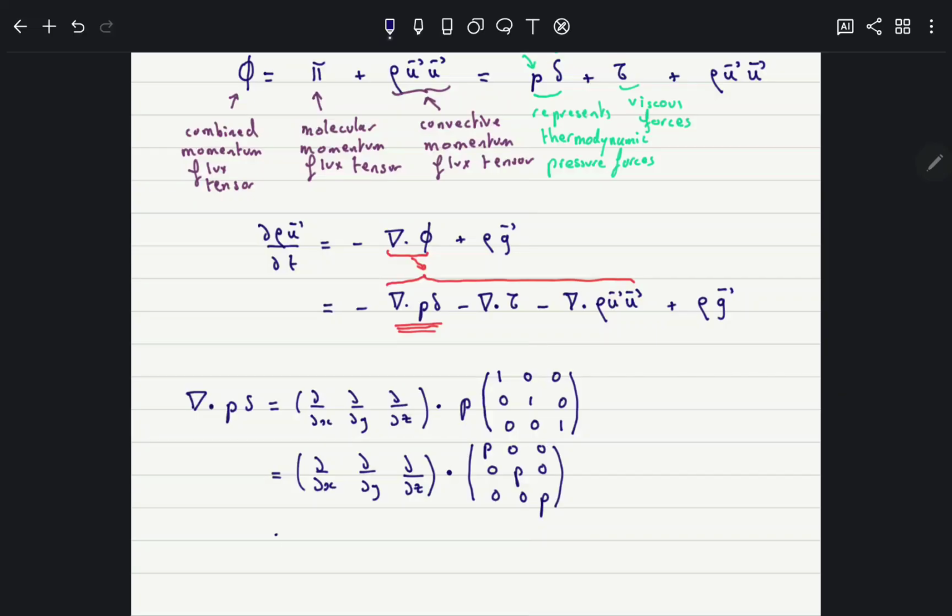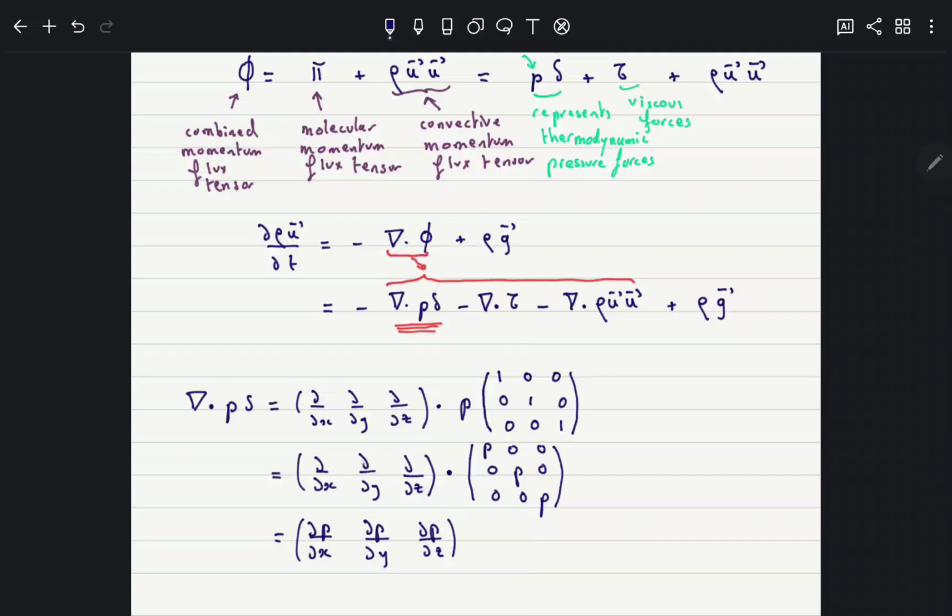So that's going to give you at the end dp over dx, for the first column or the first row, depending on how you write your initial nabla operator. Then you have dp over dy, and finally dp over dz.